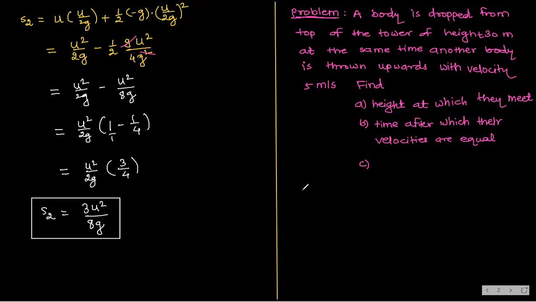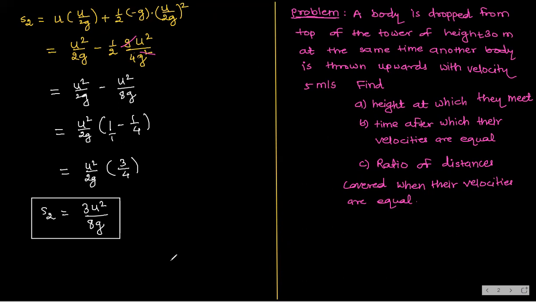And number C, ratio of distances covered when their velocities are equal. Okay. This is what your question is.